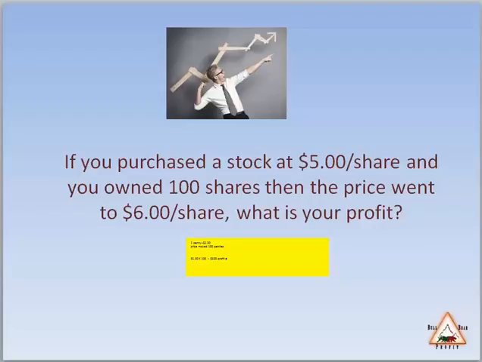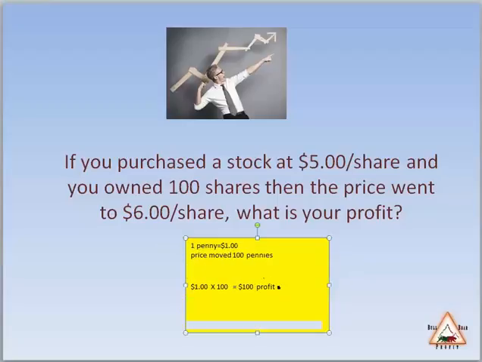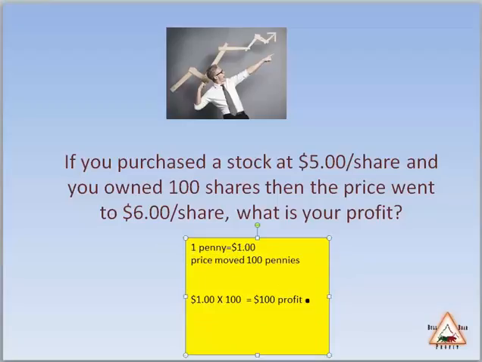You have 100 shares, so it moves $1 for every penny, and you have 100 pennies. $100. Exactly. I was going to take the difference because it went up to $600 and you had 500. So the difference is 100 bucks.